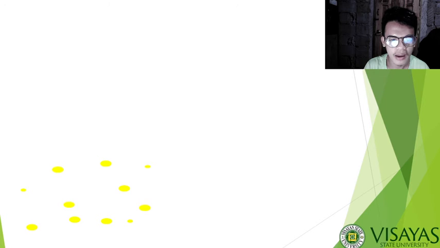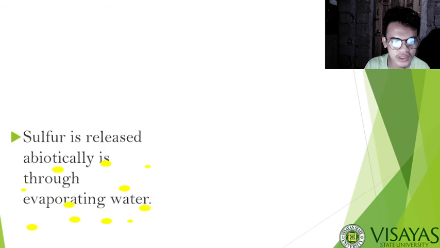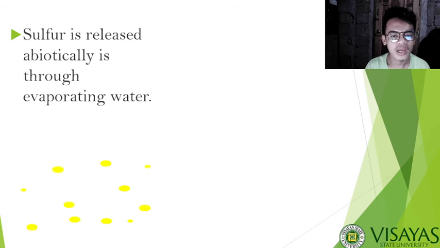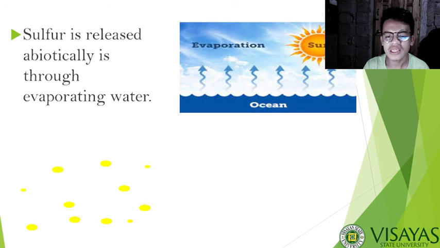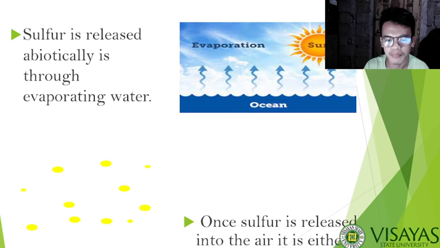For the fifth stage, sulfur is released abiotically through evaporating water. From the heat released from the power plants or the volcanic eruption, the sun heats more, and water from the ocean goes to the clouds and makes evaporation.